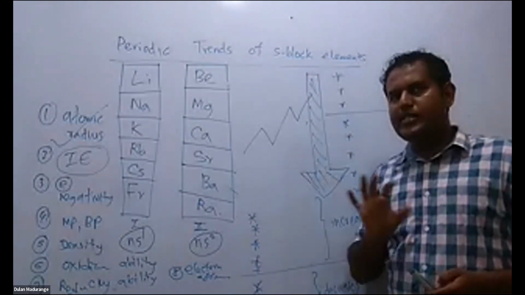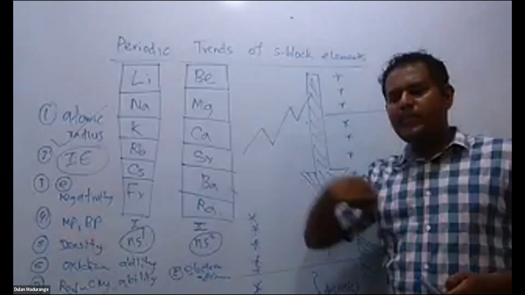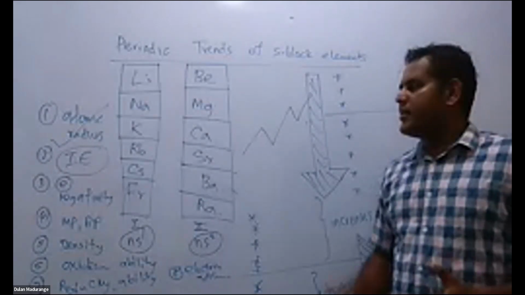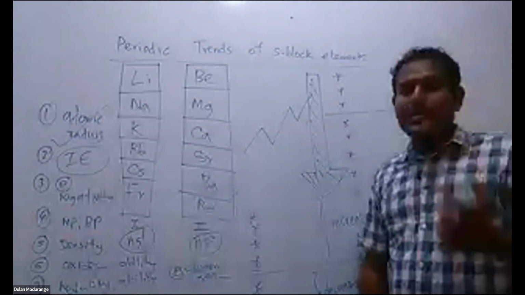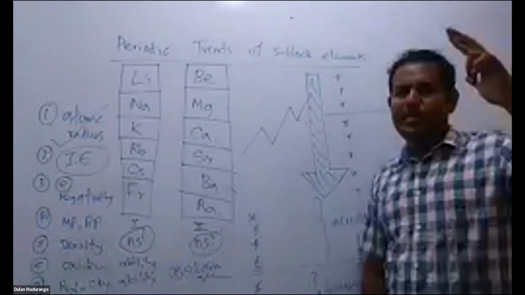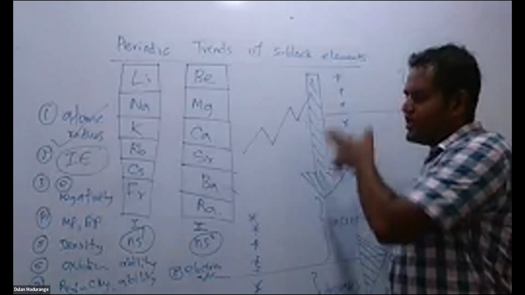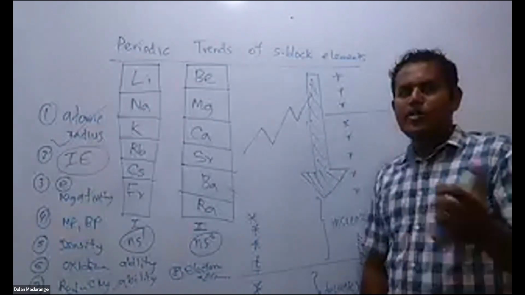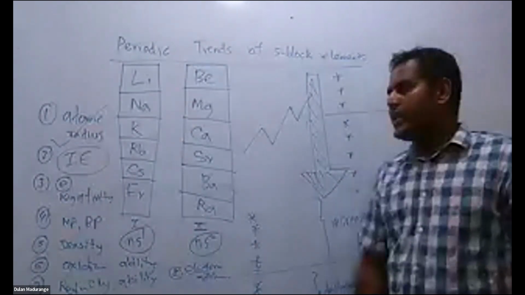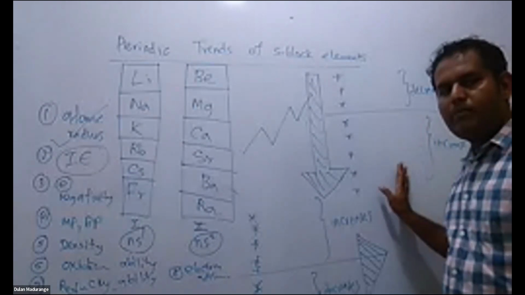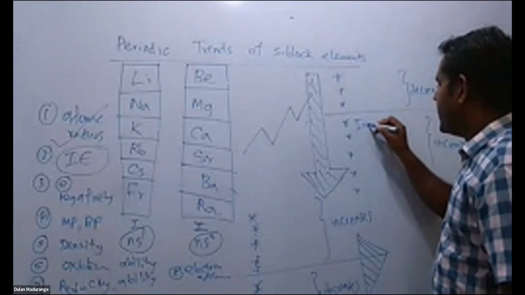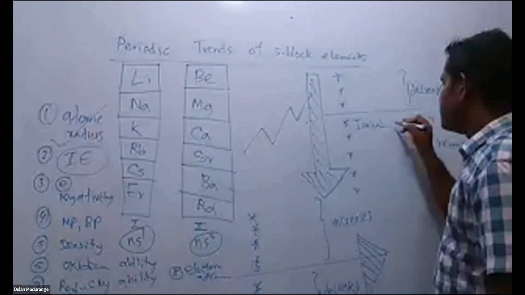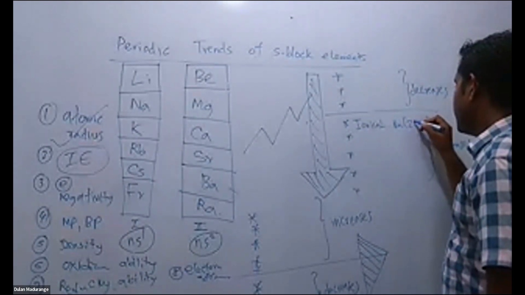Generally it is increasing, but it is not gradually increasing, I mean increasing, decreasing likewise. So how do we say? We can say ionization energy increases, but within brackets we have to say zigzag.